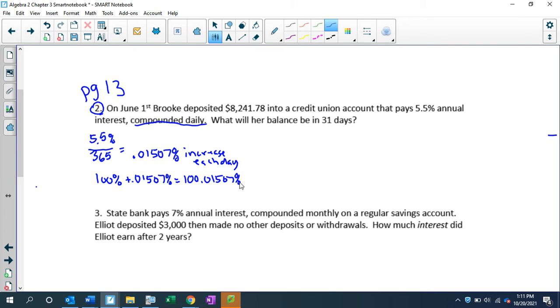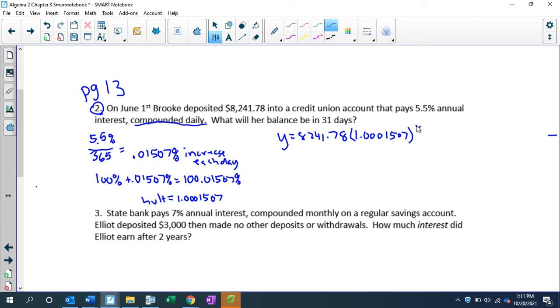And we always have to make that then into a decimal to make it a multiplier. So I'm moving that 2 places to the left. So my multiplier is going to equal 1.0001507, which takes us to our equation of y equals $8,241.78 times our multiplier of 1.0001507 to the x.